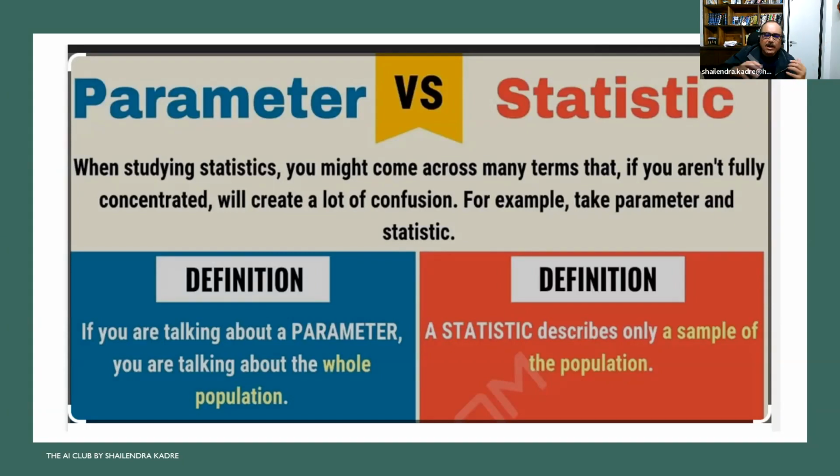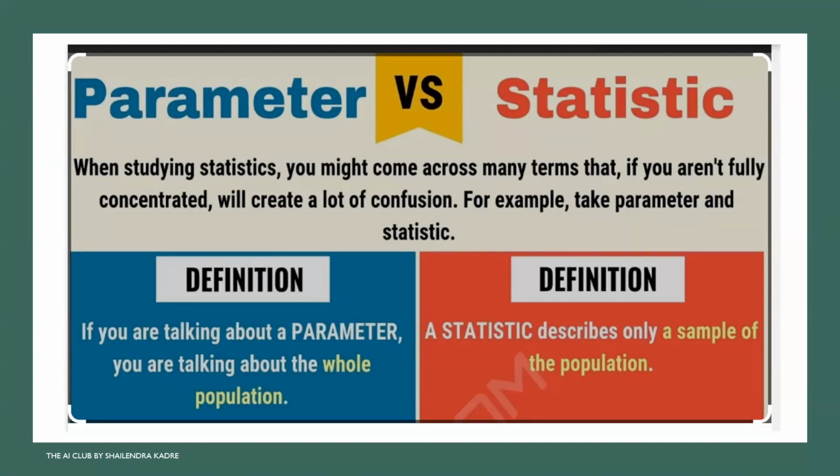A group of 100 people in New York may be earning maybe $60,000 per year. So that is called a statistic. So when I talk about a sample, whatever I compute is a statistic. When I talk about the whole population, whatever I compute is called a parameter. So now you got the difference between statistic and parameter.